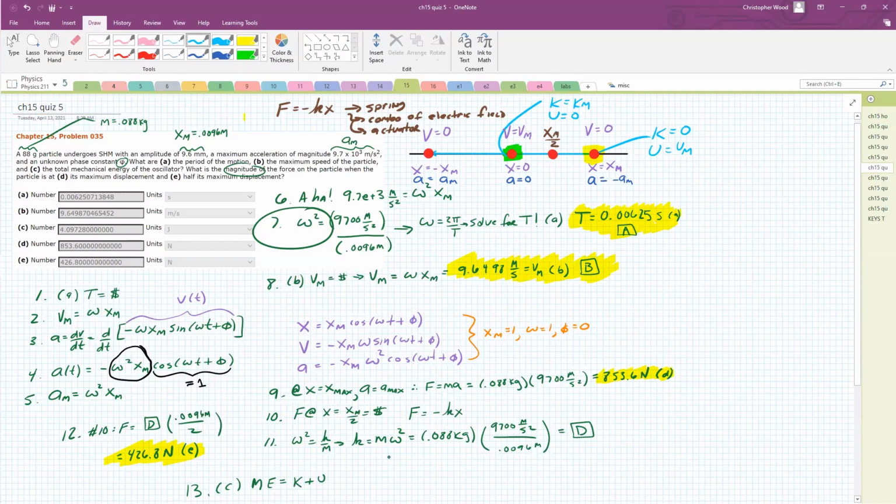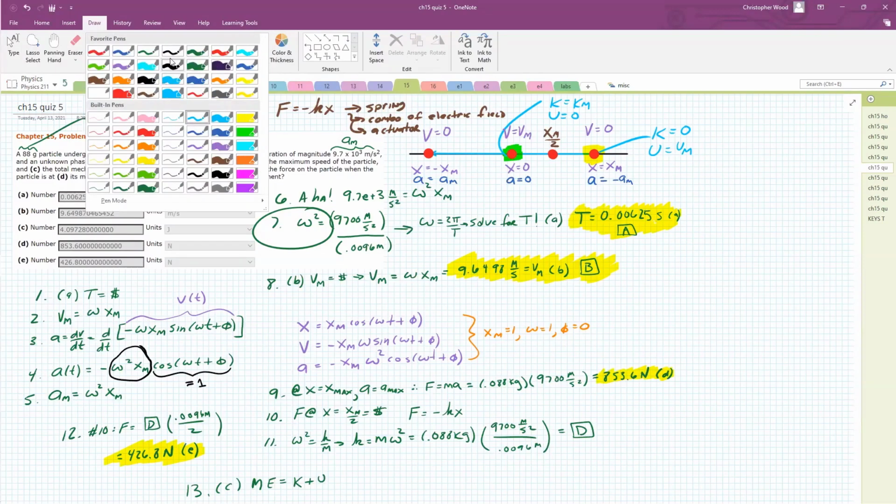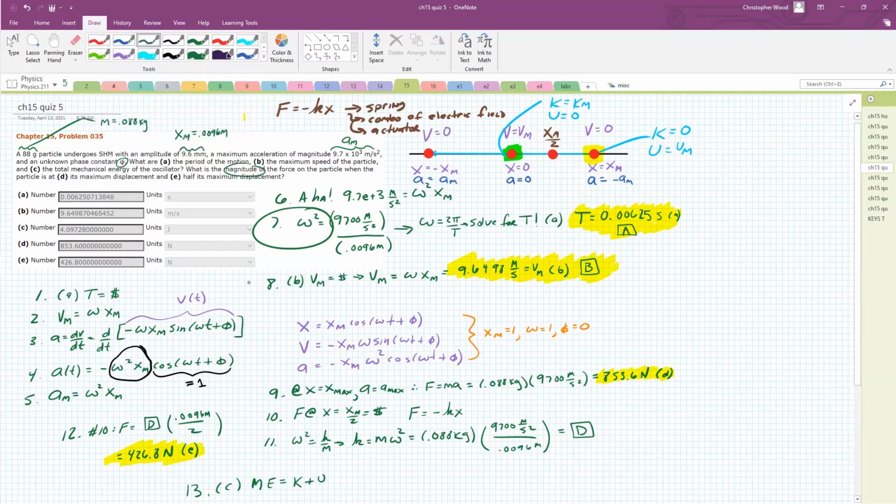It doesn't matter, it's six of one, half a dozen of the other, but I'm going to say my total mechanical energy, if I look at the maximum compression point, that extreme point there, K is going to equal 0.